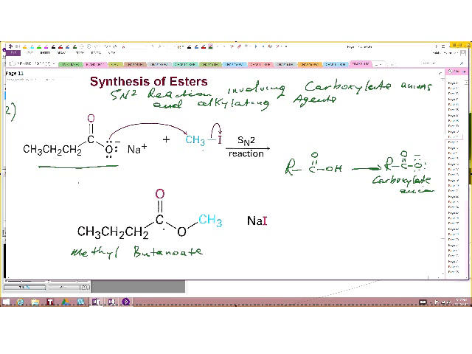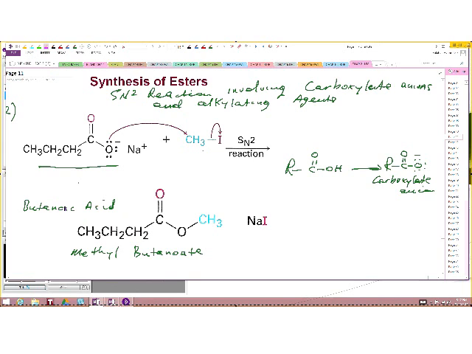It is methyl butanoate because this is the ester of butanoic acid. Keep in mind that the name of the ester is derived from the name of the corresponding carboxylic acid. In this case, the corresponding carboxylic acid is butanoic acid. And what do we do?